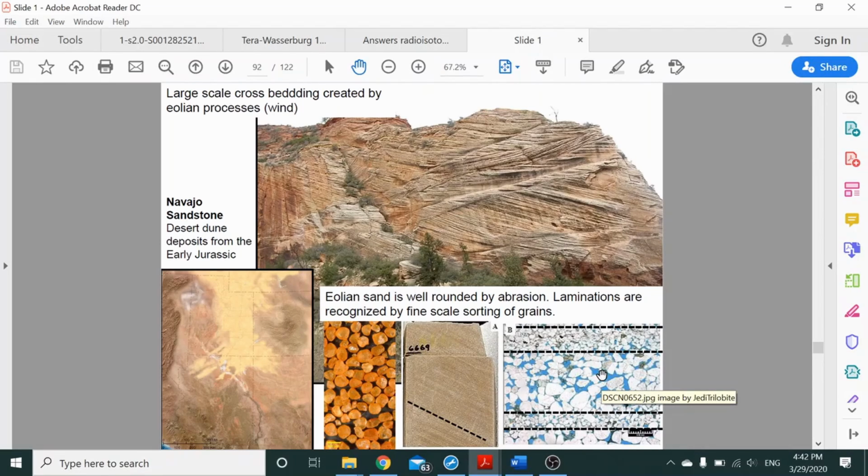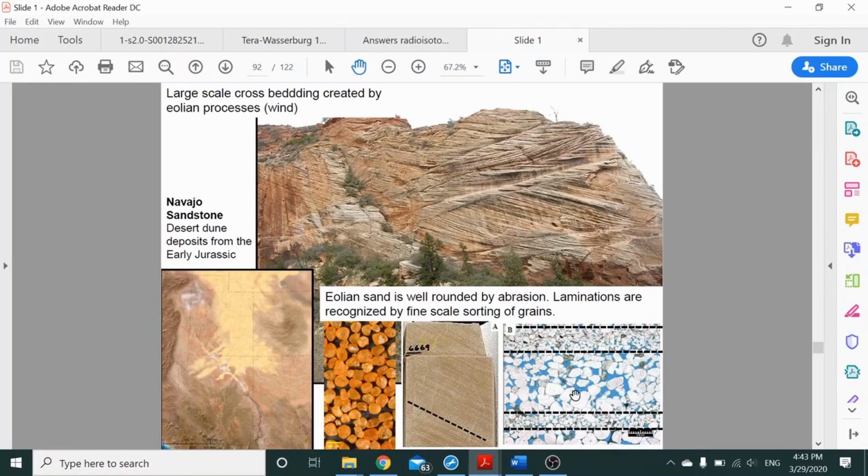To identify that this is an Eolian sandstone: number one, the high-angle cross stratification beds. That's one of the diagnostic structures.